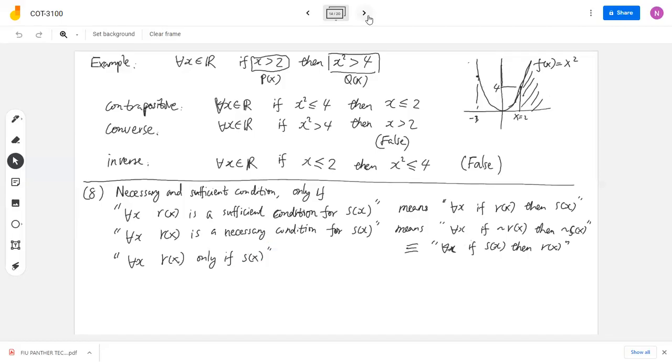The meaning of this is: for all x, if not Sx, then not Rx, which is equivalent to saying, for all x, if Rx, then Sx.